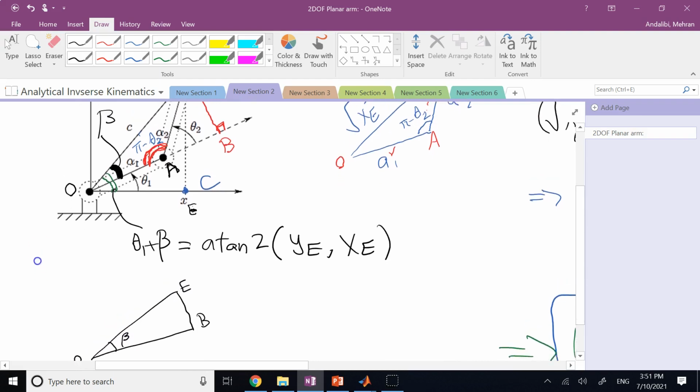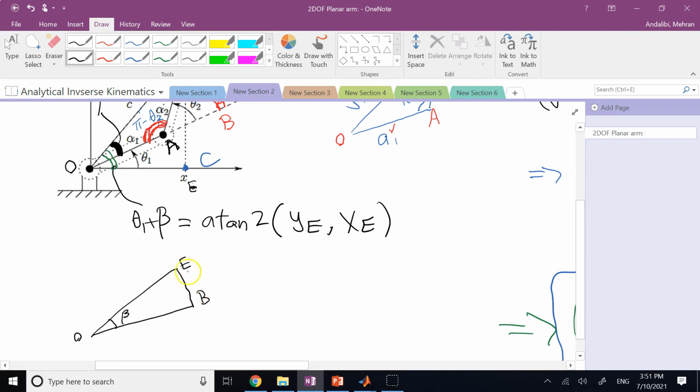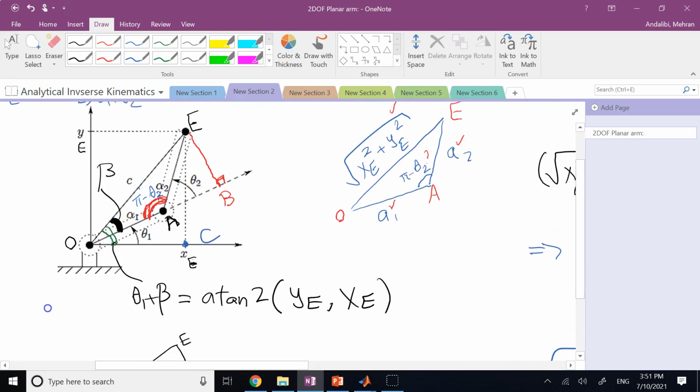Can I find it through here? Well, for that, I need to know EB and OB. If I know EB and OB, sure, then I can find beta. The question is, how do I find them?